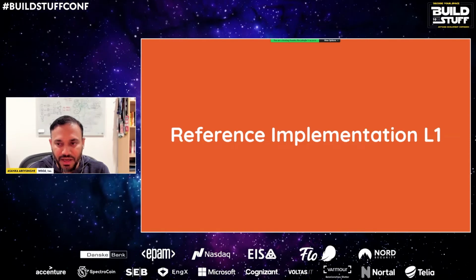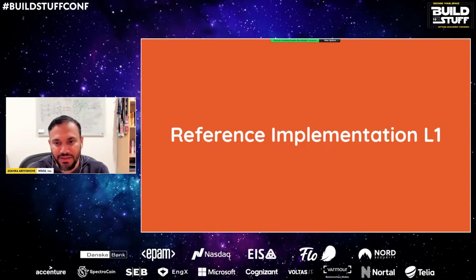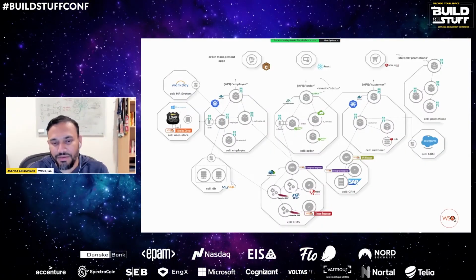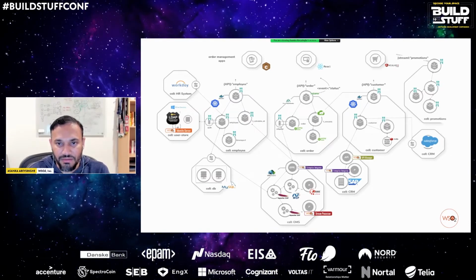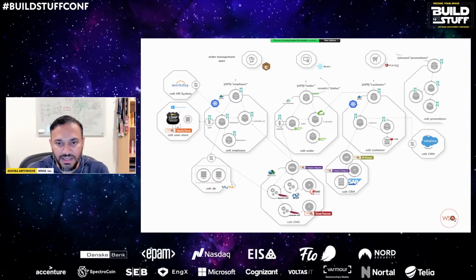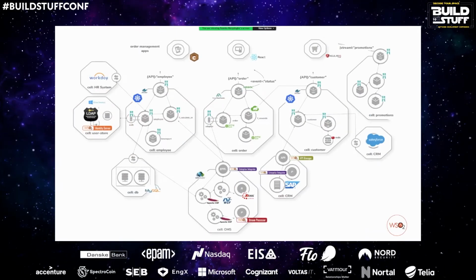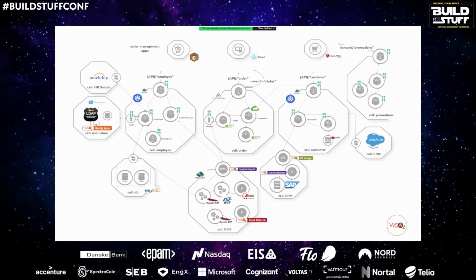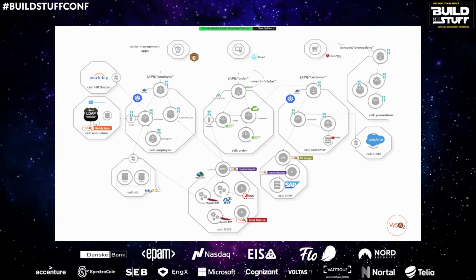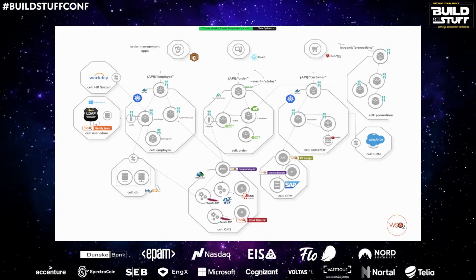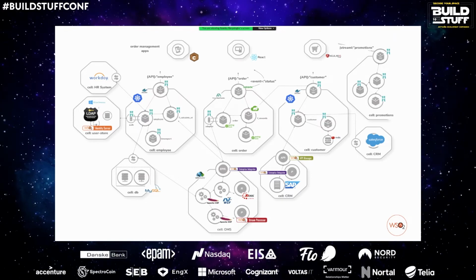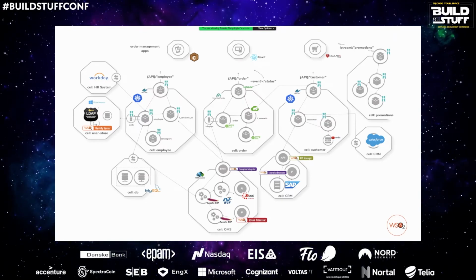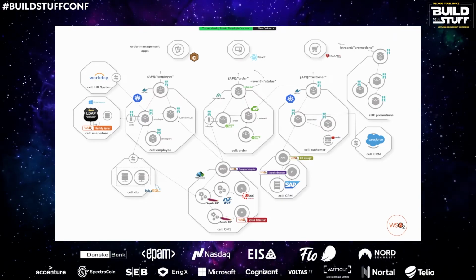Then if you look at the reference implementation of this, I have used a bunch of WSO2 components as well as other industry-leading components like Nginx as a gateway, Spring as a way to write the components, different types of deployments like Docker, Kubernetes, VMware, databases like MySQL, and SaaS applications like Workday and Salesforce.